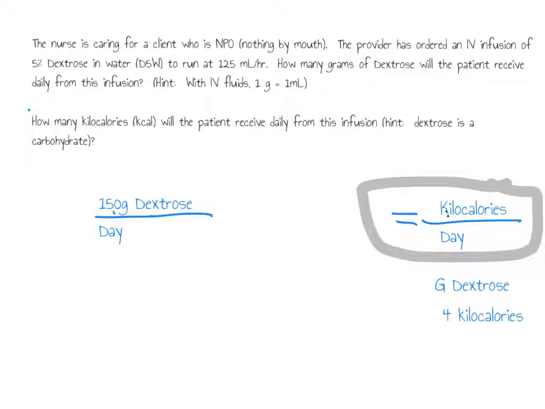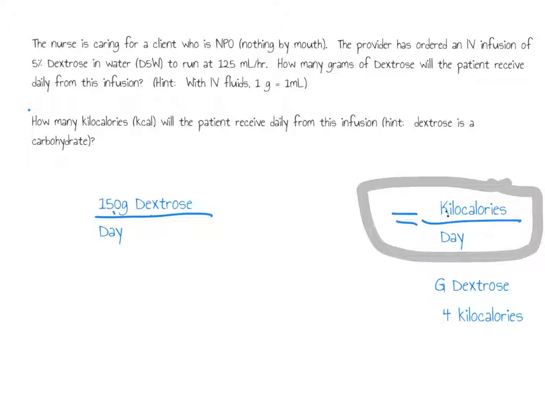And then I have some things. I know that dextrose is a carbohydrate, and that carbohydrates have 4 kilocalories per gram. So I put those off to the bottom. I didn't put them on top of each other because I want to make sure I can move them to where I need them. And I know from the last problem that this patient was getting 150 grams of dextrose a day.